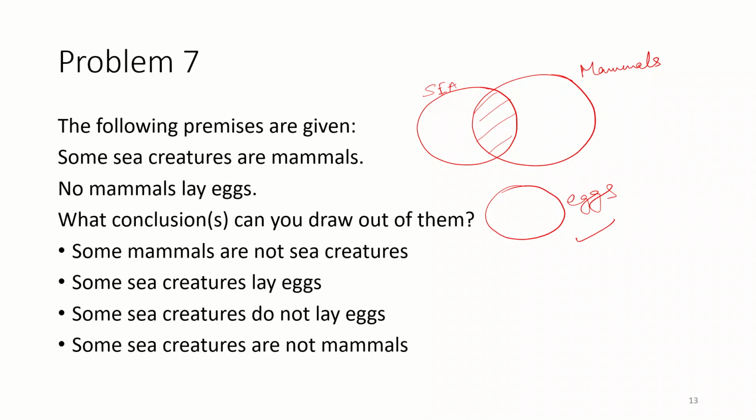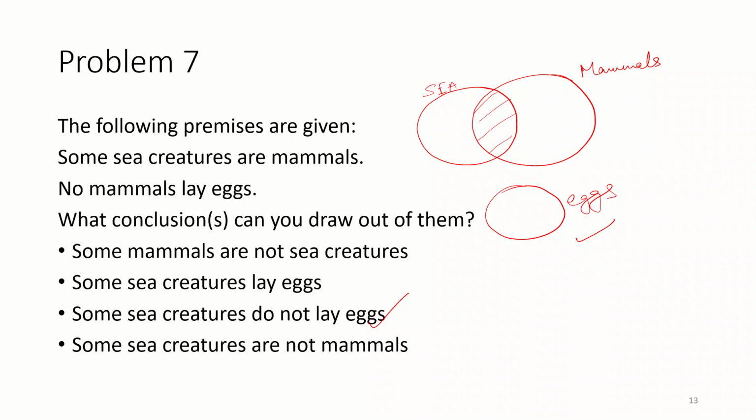That also can be a possibility. So it has told us that if they are mammals, they will not lay eggs. So the population of sea creatures which are mammals will not lay eggs. So this is correct.